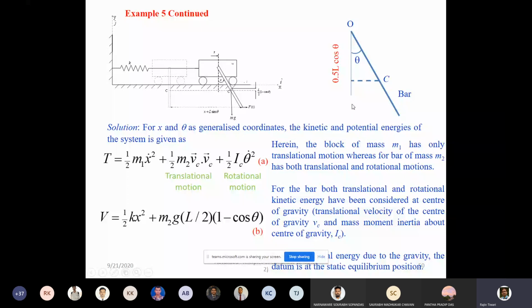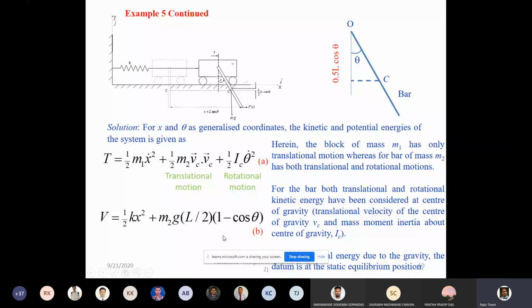That is the potential energy of the system. So potential energy of the bar will be only due to the gravity. There is no spring attached here, but the first car is attached with the spring. So the displacement corresponding to the car will give the potential energy. So we have the kinetic energy and the potential energy.